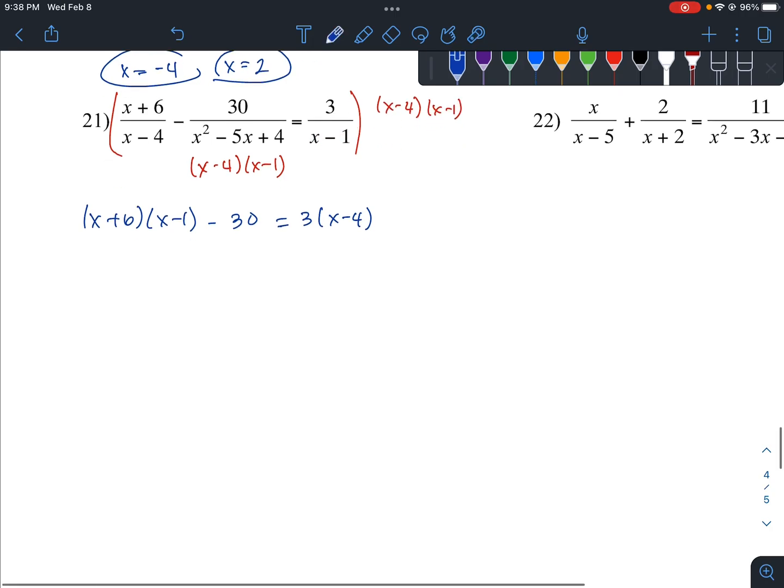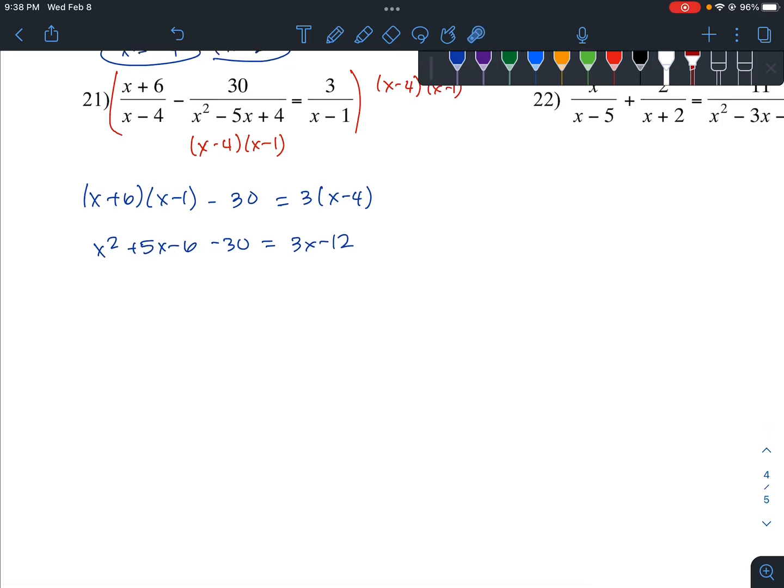Okay, let's FOIL it out. So I have x squared plus 5x minus 6 minus 30 equal to 3x minus 12. When I combine like terms, I'm going to have minus 36, and that's going to be equal to 3x minus 12.